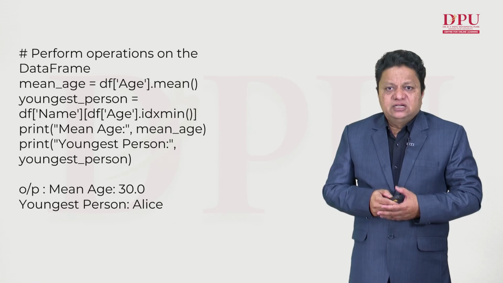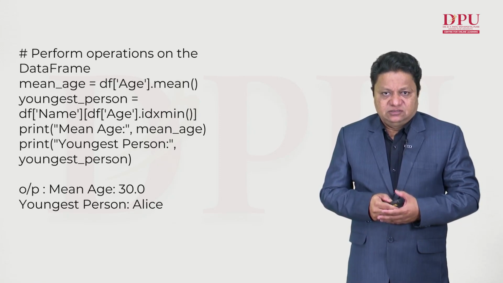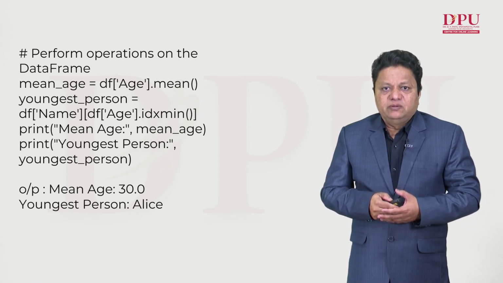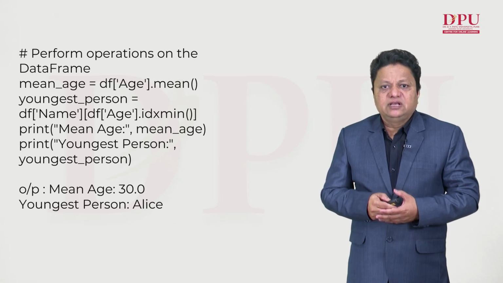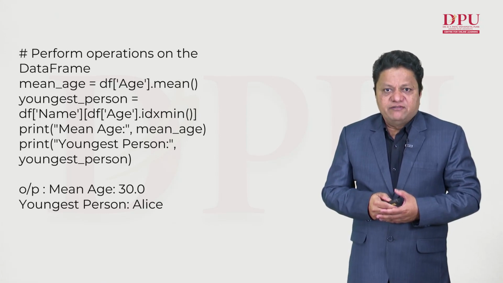What is the key here? The key is age, dot mean function. So, from all the ages, it will find out the average age, and that average age will be stored in the mean_age variable.